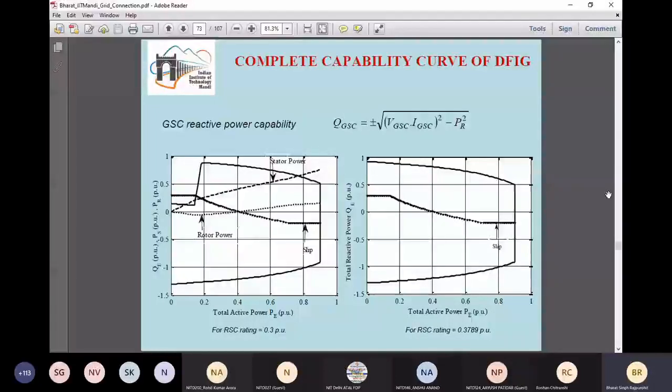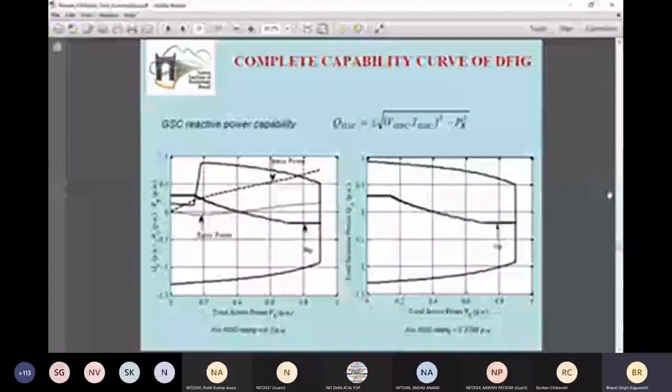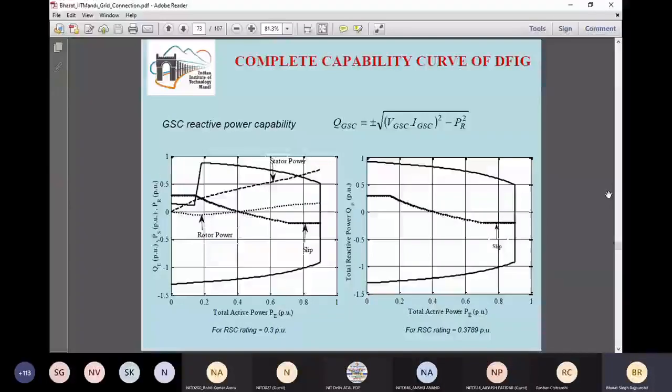In this diagram we can see the rotor power, how much rotor power is generally being processed. And once this curve is known to us, then we can easily find out at every operating point how much Q the grid side converter has available and will be able to inject into the grid.